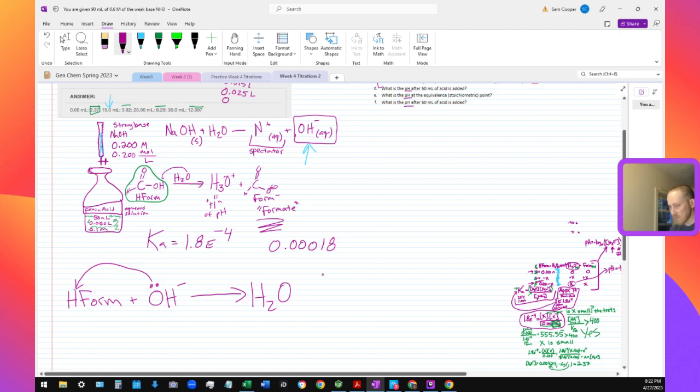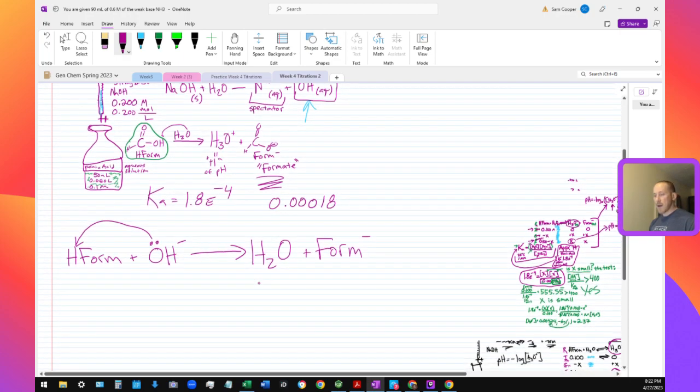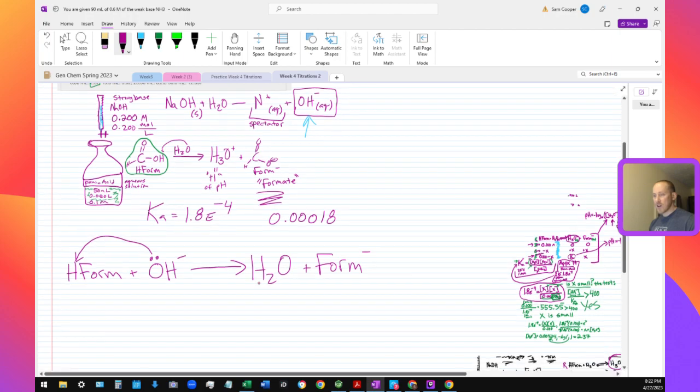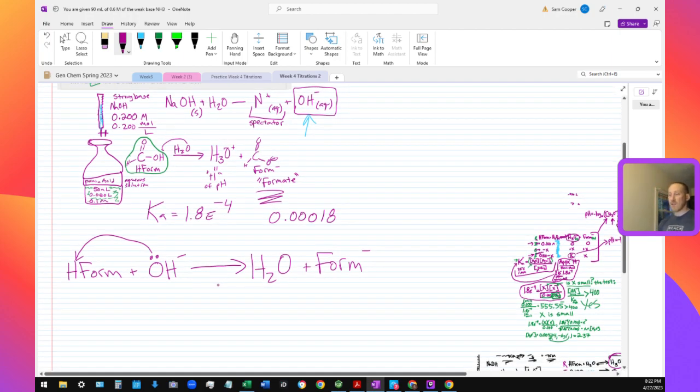Neutral, no charge, super happy, it's water, and then that creates Form minus. So the formic acid, the HForm, was already creating some Form minus on its own, but when we introduce the strong base sodium hydroxide, we're going to create a heck of a lot more.